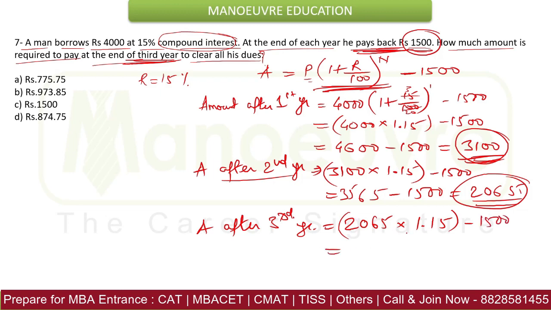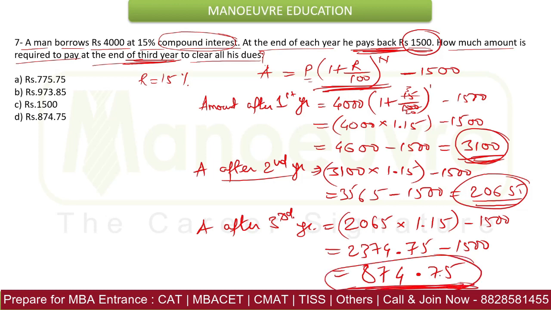So 2065 into 1.15 will be 2374.75 minus 1500, that will be equal to 874.75. This is the final amount that he is required to pay at the end of third year. So here option D will be the final answer.